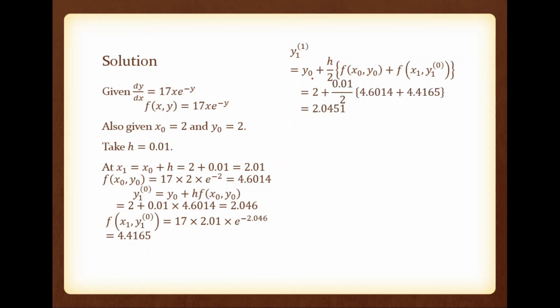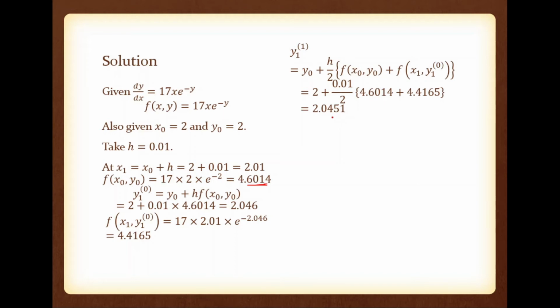So we have 2 plus 0.01 divided by 2 into, f of x0 comma y0 which is 4.6014, plus f of x1 comma y1 of 0 which is 4.4165. So the answer is 2.0451. y1 of 1 is equal to 2.0451.